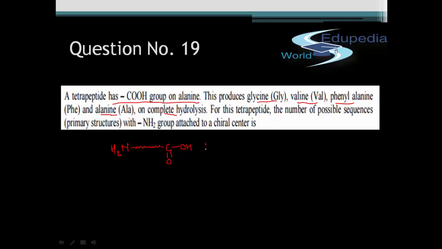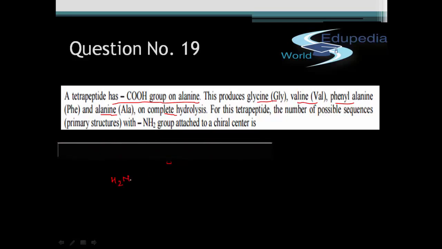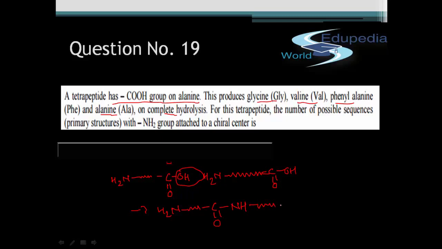Let us say we have another amino acid, NH2, something in between, followed by a COOH group. And now when H2O is removed from here, what we get is NH2, something in between, C double bond O, NH, something in between, C double bond O, OH.